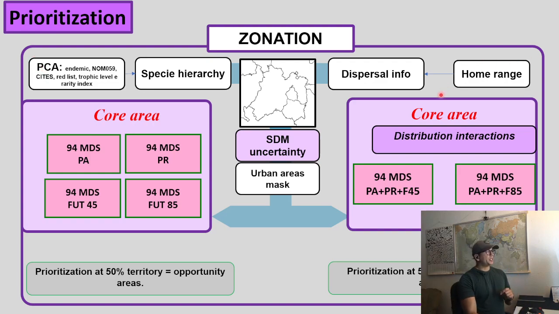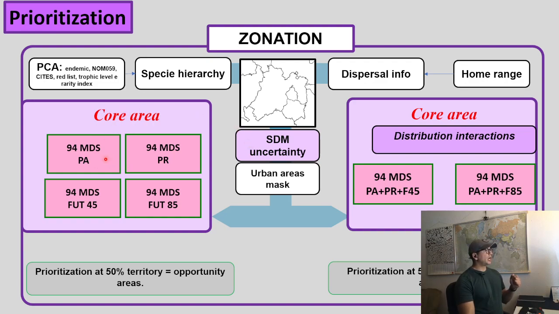Also, we need to have the models, the suitability or distribution models, uncertainty, meaning where my prediction went a little bit out of the boundaries of what I wanted. And we also need urban areas as a mask, meaning that even though in terms of the environmental information and the distribution models I might have certain conditions, the fact that it's an urban area means it needs to be completely eliminated.